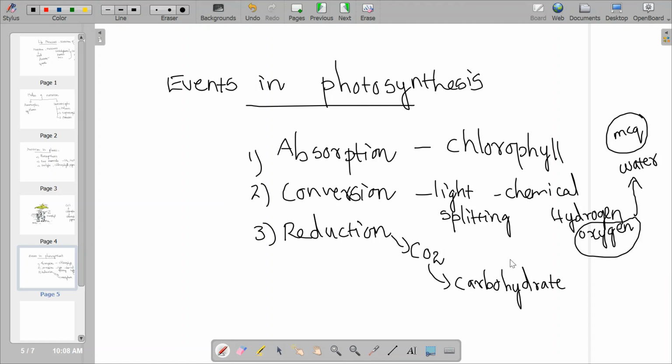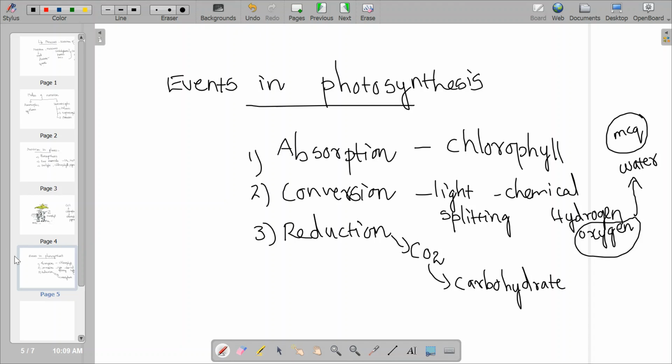So, three major events in photosynthesis: absorption of light energy by chlorophyll pigment, conversion of light energy into chemical energy and splitting of water molecules into hydrogen and oxygen, and reduction of carbon dioxide into carbohydrate. Okay, so these are the major events in photosynthesis.